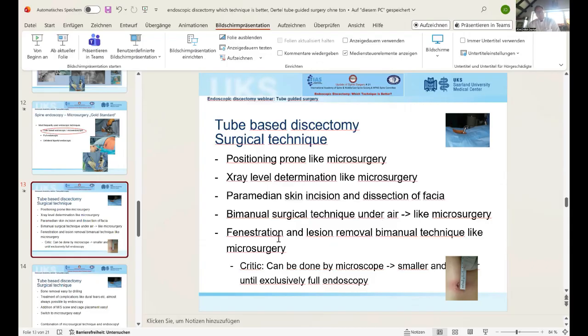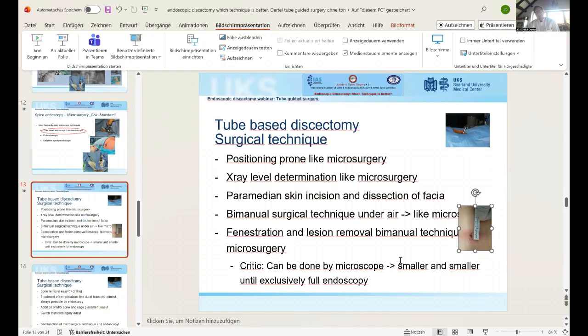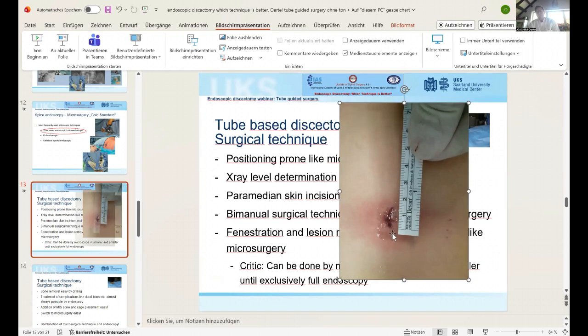Yeah, well, this is one of the criticisms. It can be done with a microscope. That's to some degree true. You see, this is also an animated part, but the smaller and smaller the tubes you use, the more exclusively you can perform these procedures only with an endoscope. So just to show you the size, this is the skin incision.